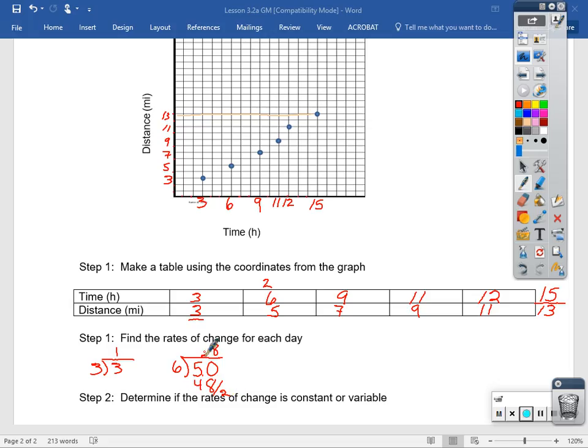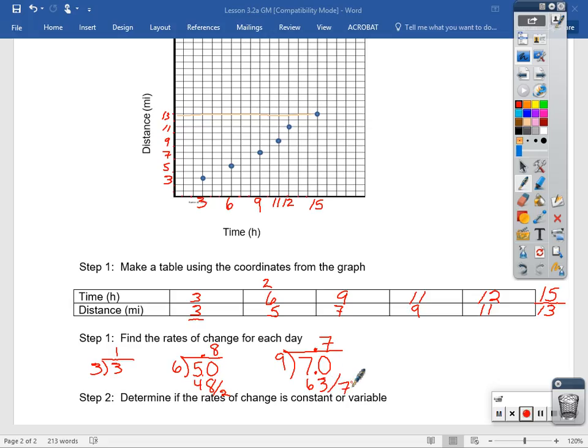My next one is going to be 9 into 7. I'm going to add a decimal and a 0. 9 goes into 70, not evenly, but 9 times 7 is 63. And then this will be 7, but I'm not going to keep factoring it out.